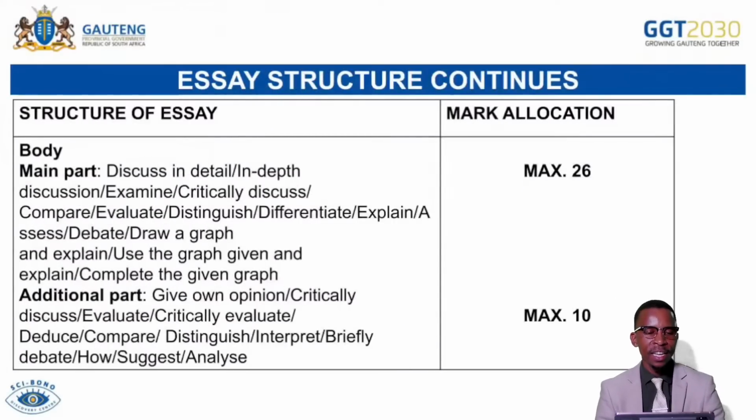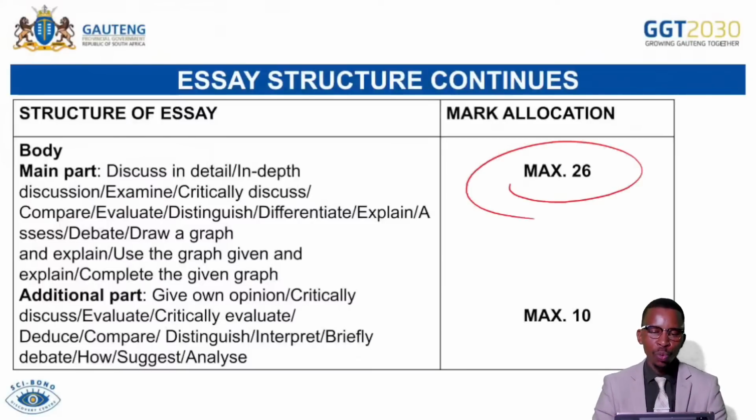The main part in there, which is the body, discuss in depth or detail. Discuss, examine, critically discuss. The good thing about this is that we know our essays from the exam guideline. They are provided. Then we just have to know, if ever the question comes like this, how should we answer? The maximum of marks is 26.